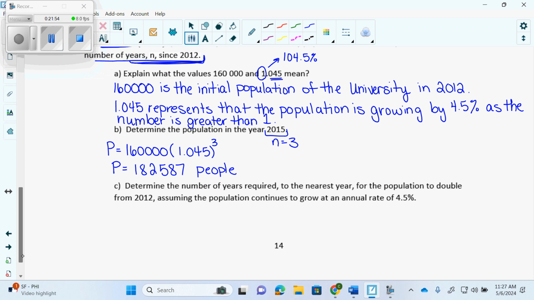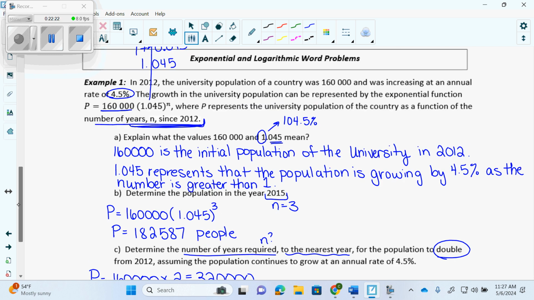Okay, C, last one. It says determine the number of years required. So this time I'm looking for N to the nearest year, important, no decimal places, for the population to double. What the heck does that mean? What's my P going to be? 160,000 times 2, which is 320,000.